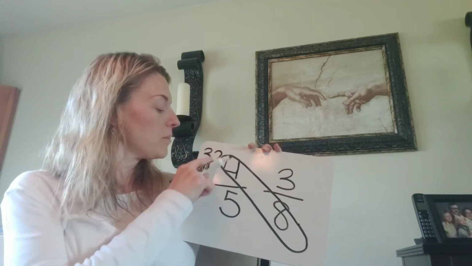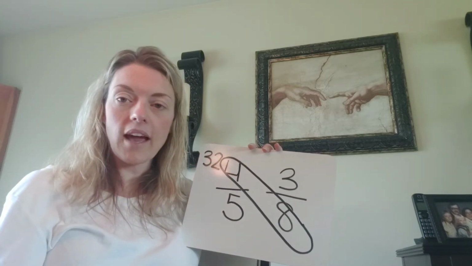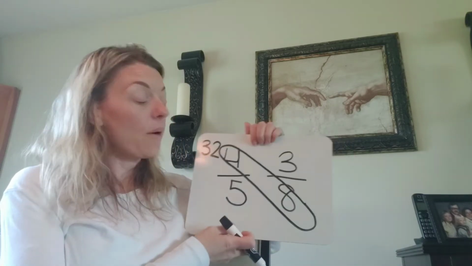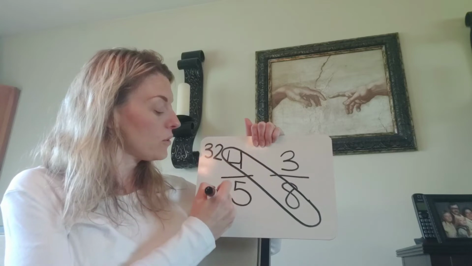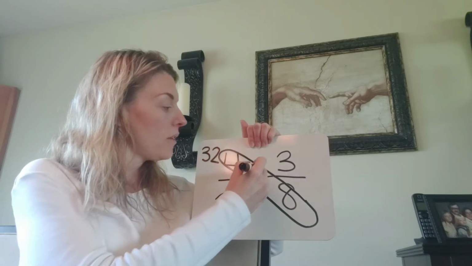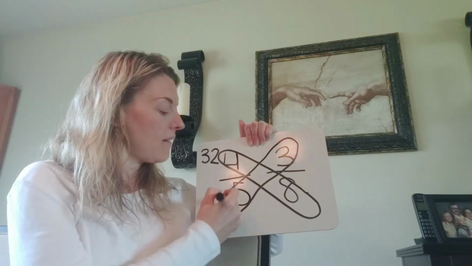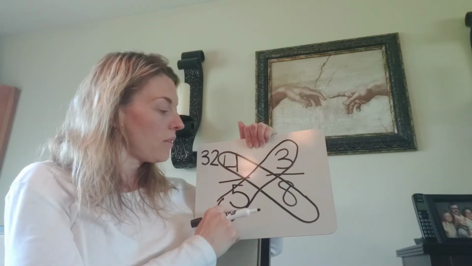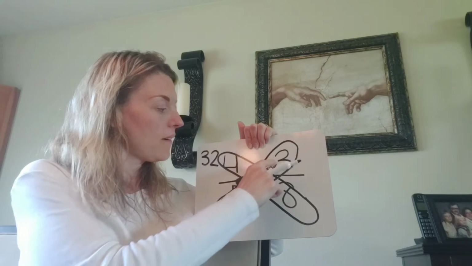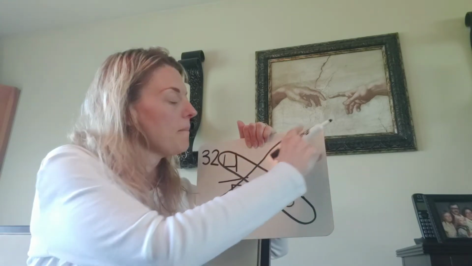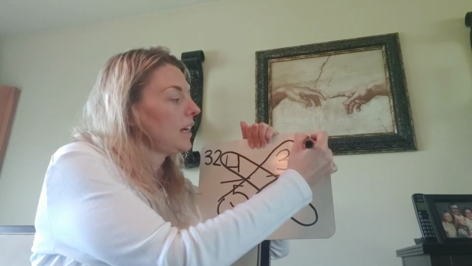Take your product, put it right up there. Okay, now I need my other butterfly wing. Go diagonal. 3 times 5, go right up, is 15.